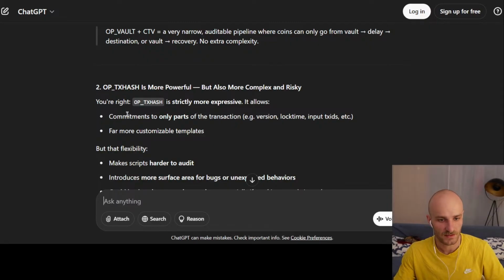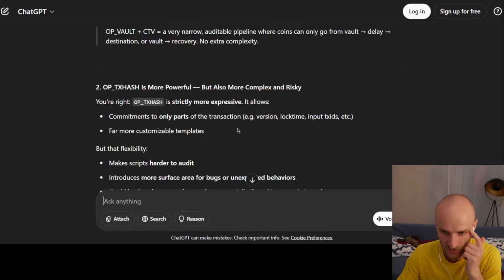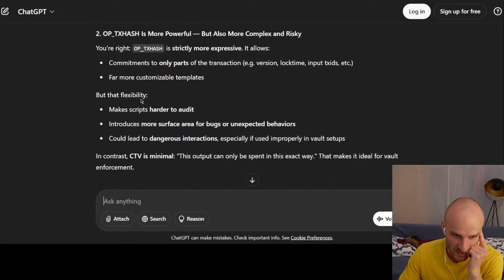Commitments, it's strictly more expressive. It allows commitments to only parts of the transactions, far more customizable templates. But that flexibility makes script harder to audit, introduces more surface area for bugs and unexpected behaviors. Could lead to dangerous interactions, especially if used improperly in vault setup.